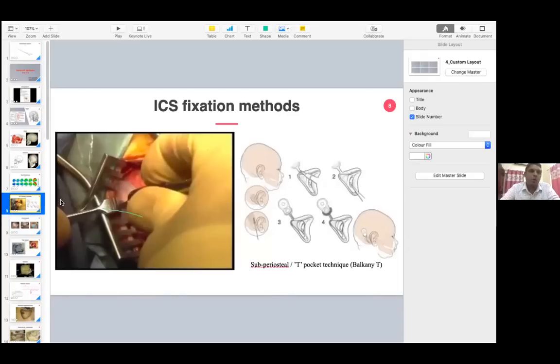In the subperiosteal pocket, we don't keep any tie-down holes. Number one, if the pocket is made very tight in between the suture lines, where the musculoperiosteal flap is very tightly adhered to the suture line, there will not be any migration of the implant receiver stimulator.